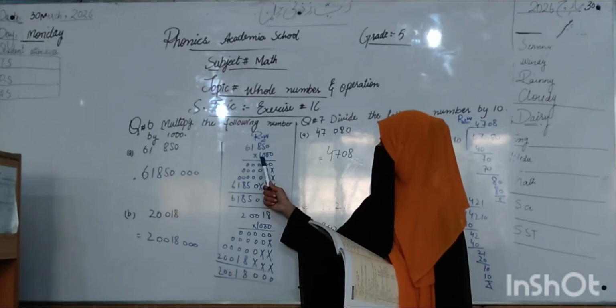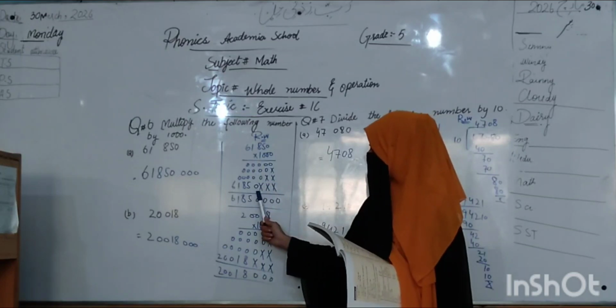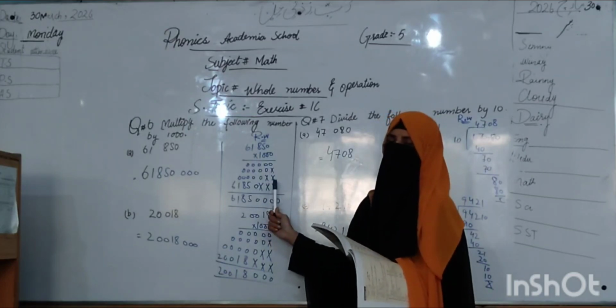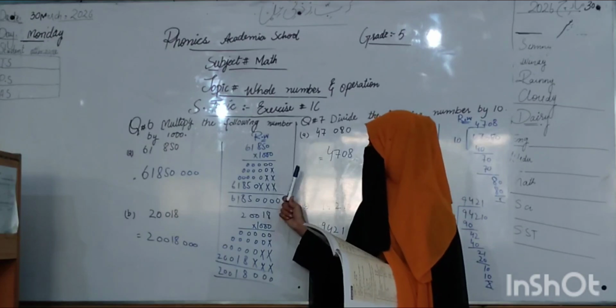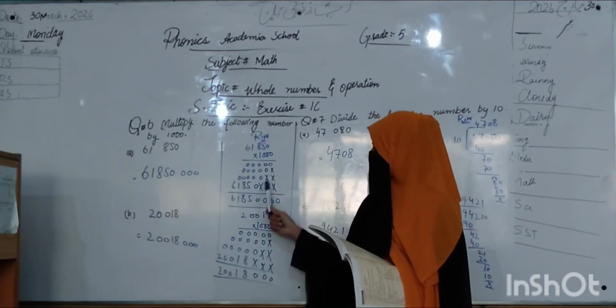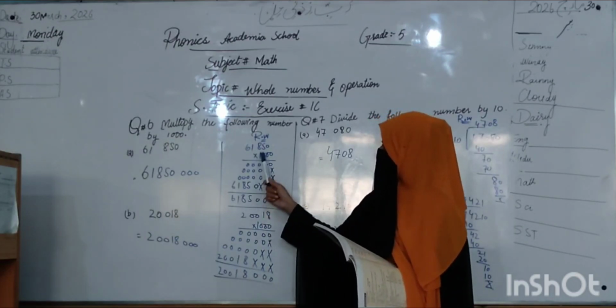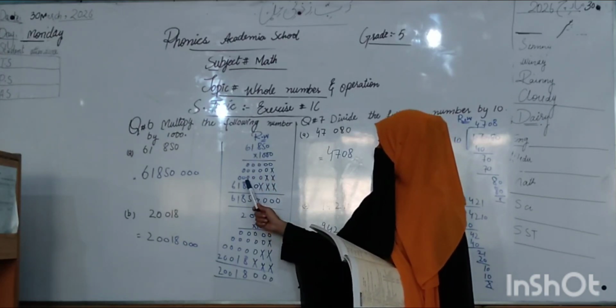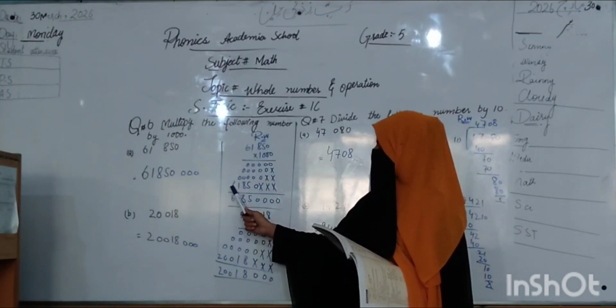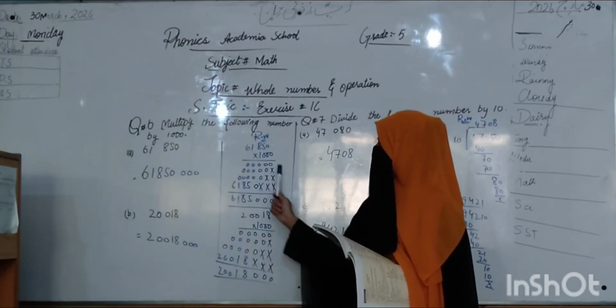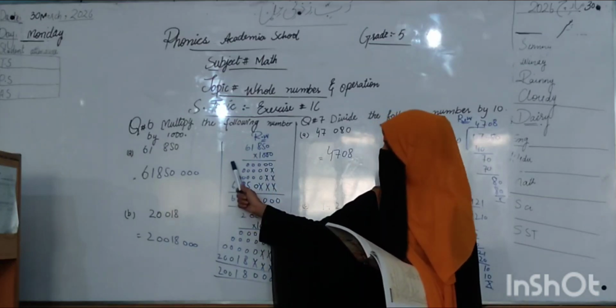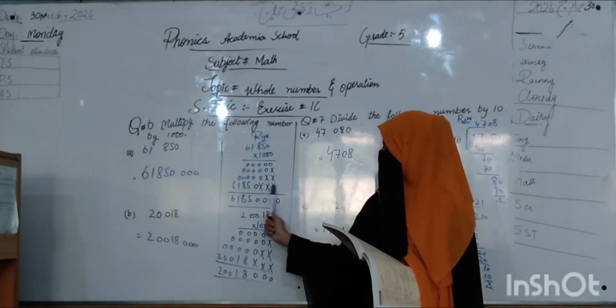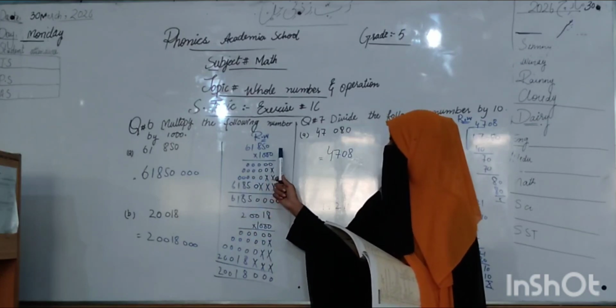Then for the fourth multiplication of your number, put three multiplication signs on the right side, in which the three given values. Then you multiply your 1 by the given number. 1 times 0 is 0, 1 times 5 is 5, 1 times 8 is 8, 1 times 1 is 1, and 1 times 6 is 6. After multiplying, you add all these values. That's how we multiply by the four given digits.